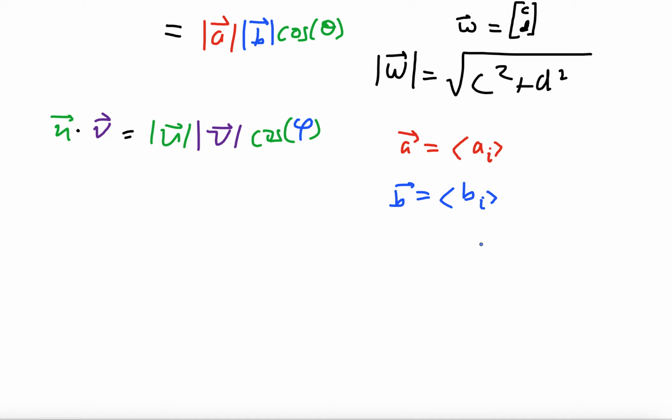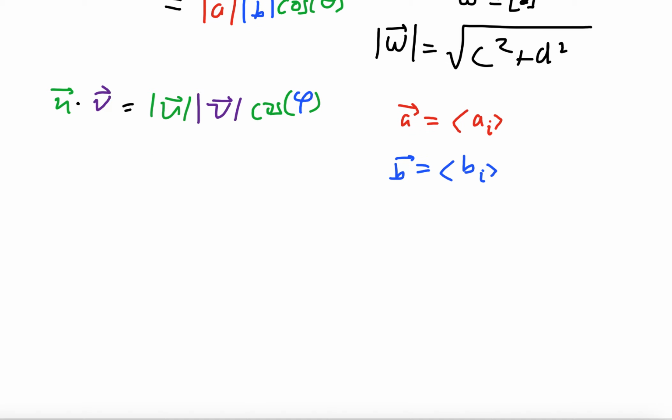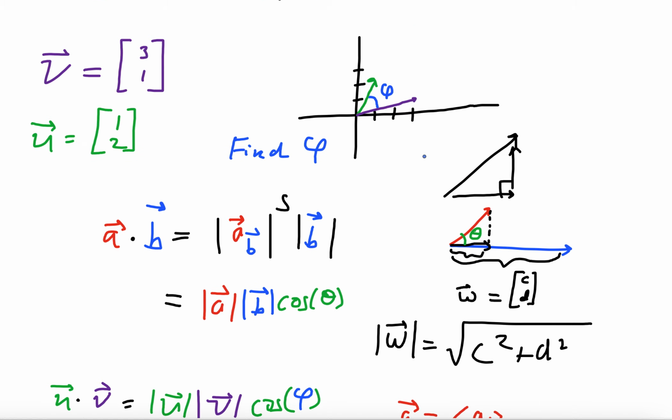If A and B are both of the same dimension, then the dot product of the two vectors, A dot B, is going to be the sum of the pairwise products of the components. And that's expressed as sigma of i, A sub i times B sub i. Now this looks scary, but I'll tell you right now that it's not that hard, all right?